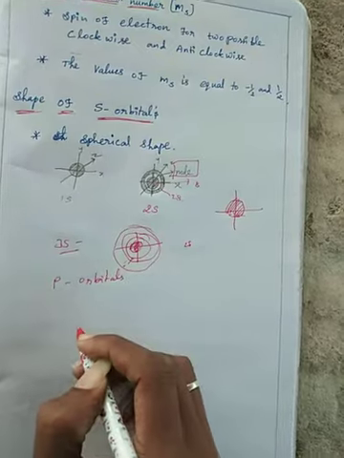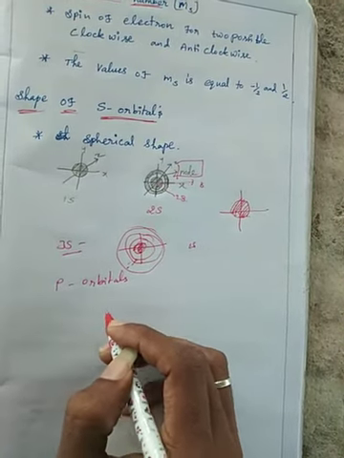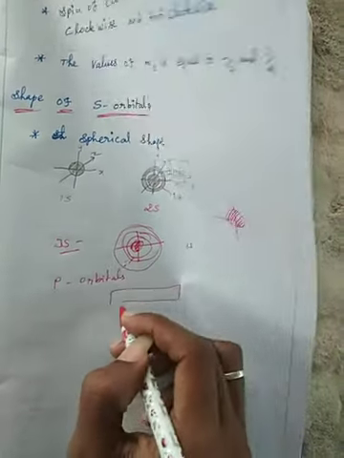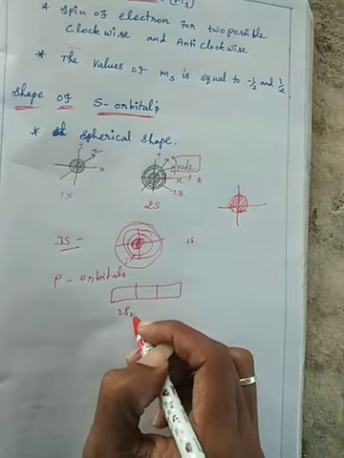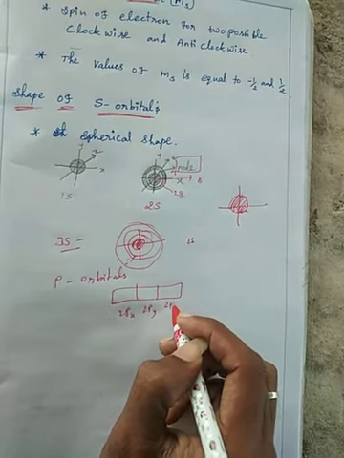The p orbitals have 3 orientations: 2px, 2py, 2pz.